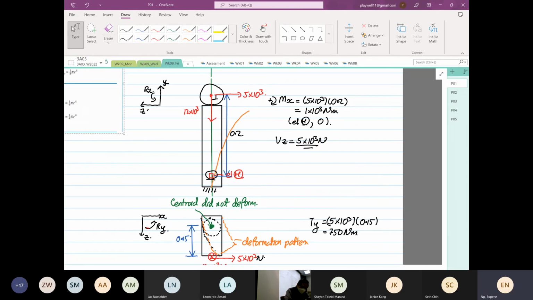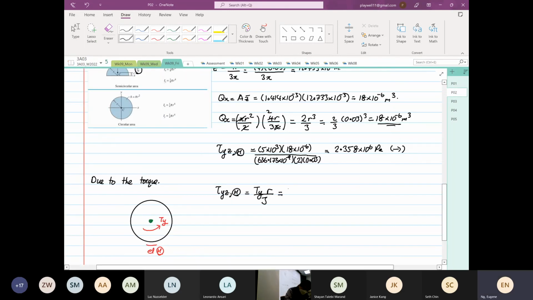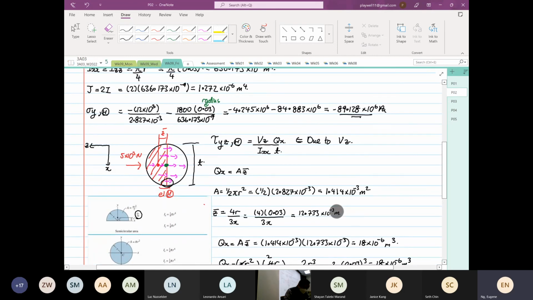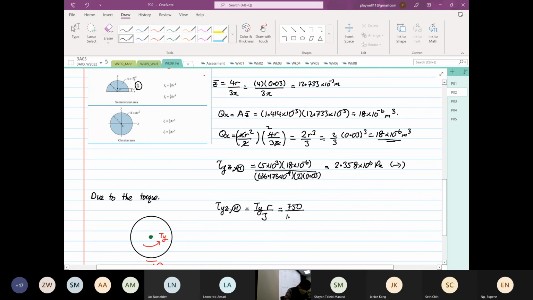So Ty is 750. Our J is twice I. I think we calculated that, which is equal to 1.272. And then our radius is 0.03.